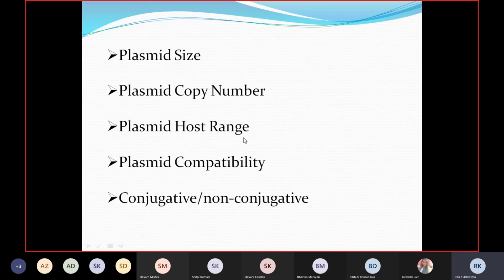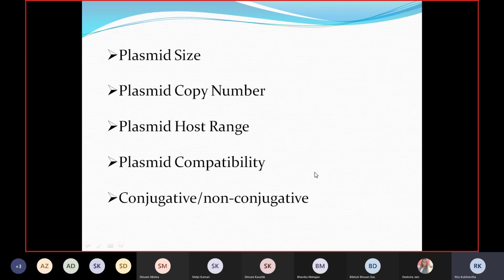Host range comes into action if you want to introduce your recombinant plasmid into multiple hosts. In those cases you will look for a plasmid vector which has a broad host range. Otherwise, generally the ones that we have in the lab, and mostly we use bacteria only, we go for these ColE1-based plasmids which have a narrow host range.